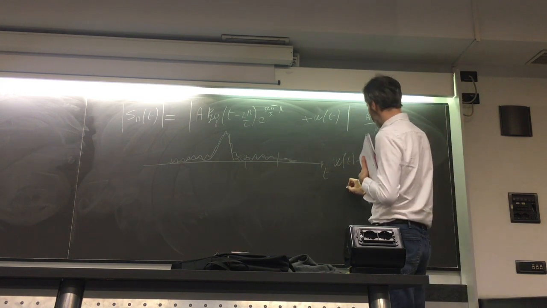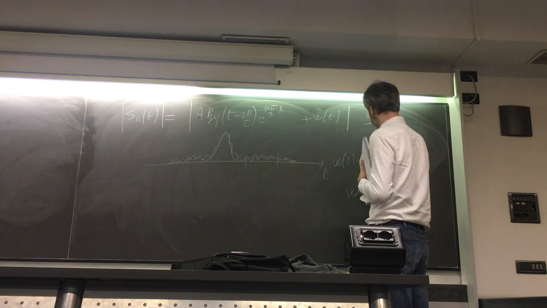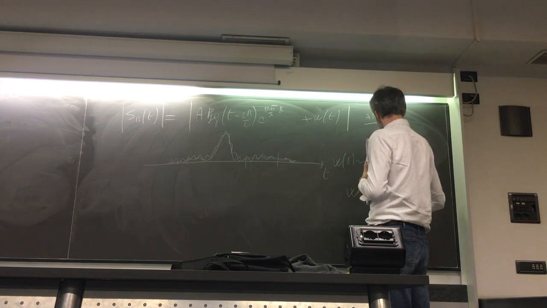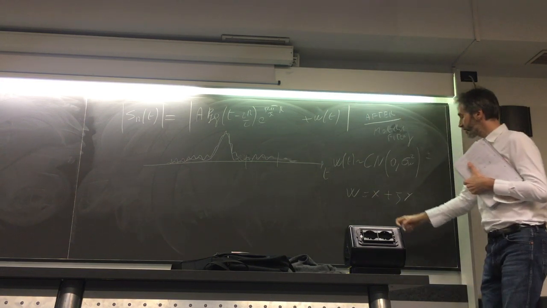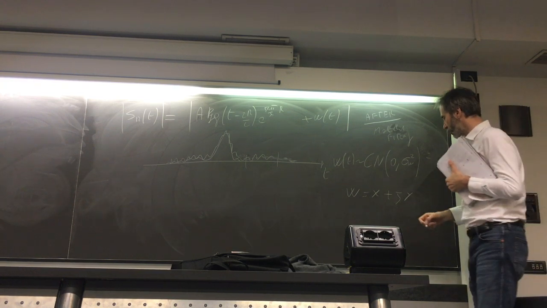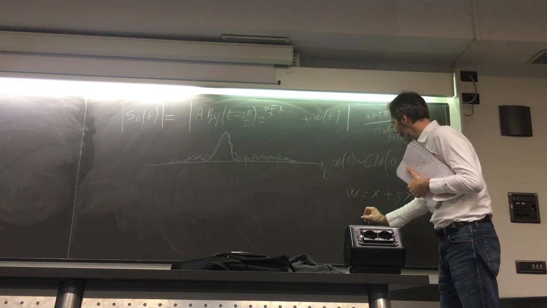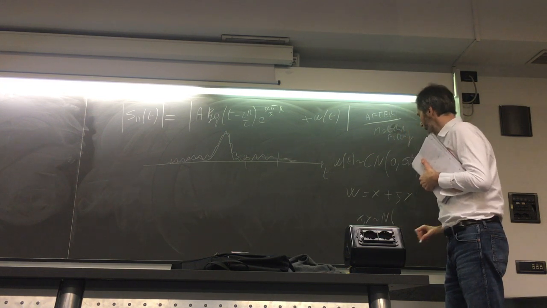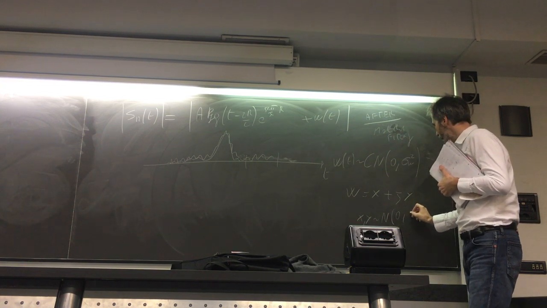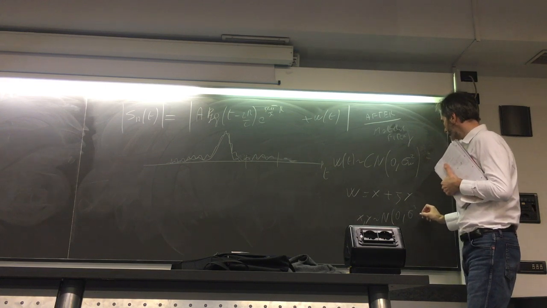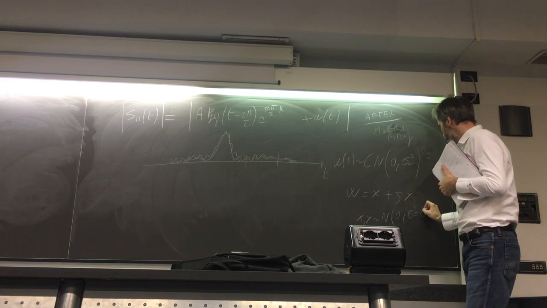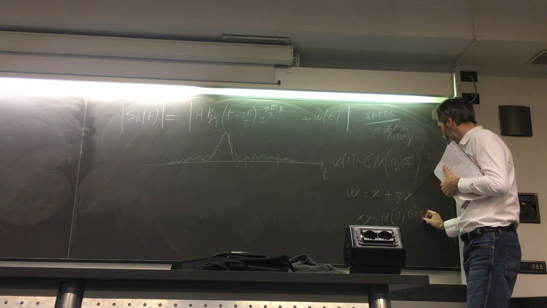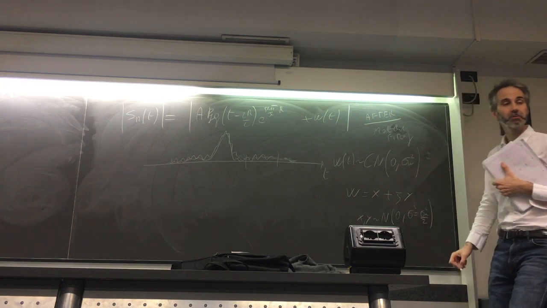This is the result of the real and the imaginary part of the noise, and we assume that both x and y are normal variables with some power sigma square, which is equal to sigma square of w divided by 2.